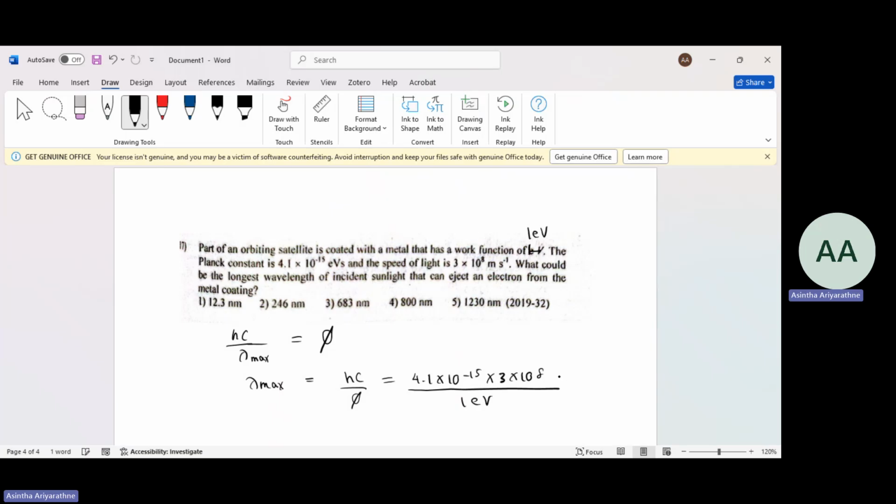These are given in eV, so the eV gets cancelled out, leaving meters. Converted to nanometers.